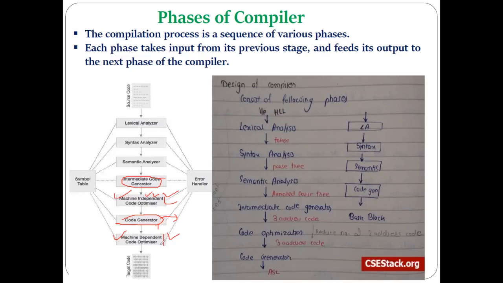That is the reason the optimization done after the code generation is called machine dependent optimization.